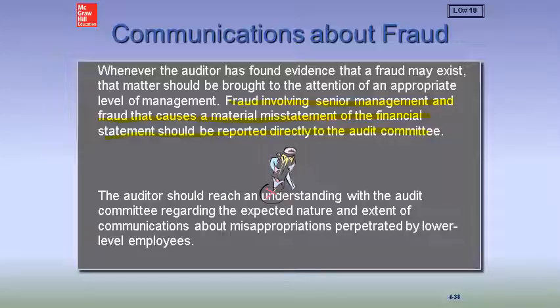But obviously, if it involves senior management, that must go to the audit committee. Okay, so we report one level above, and if it involves senior management, it goes to the audit committee, those charged with governance. If it involves a material misstatement, it goes to the audit committee and those charged with governance. Okay, good. So let's go ahead and take a look at the next slide.